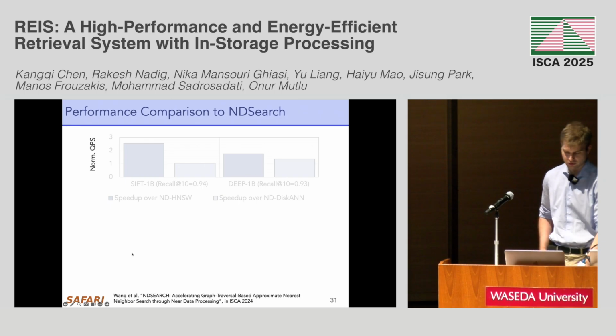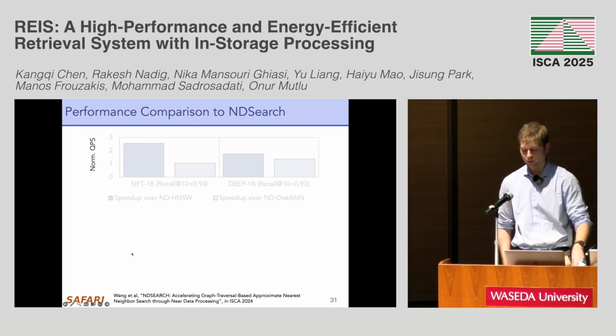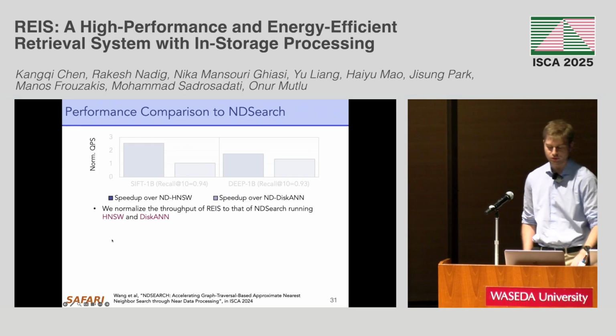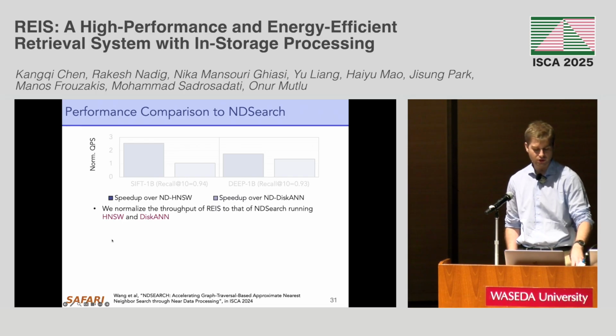For my final evaluation slide for today, we have a comparison to NDSearch, a state-of-the-art ANNS accelerator design. For this comparison, we normalize the throughput of REIS to that of NDSearch running HNSW and ISCA'25, two graph-based algorithms.